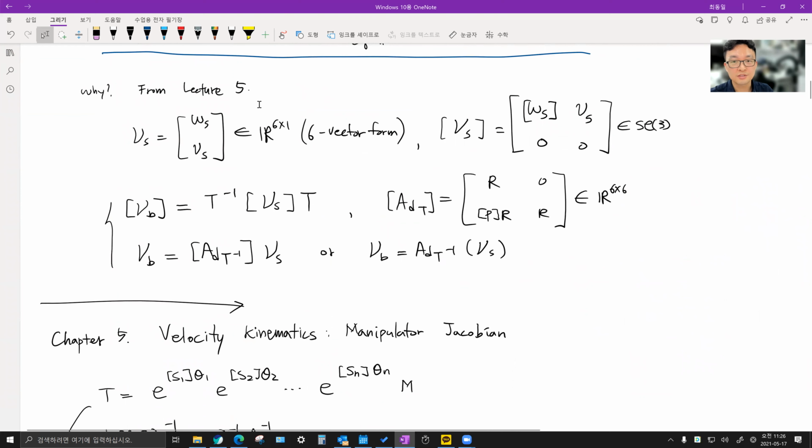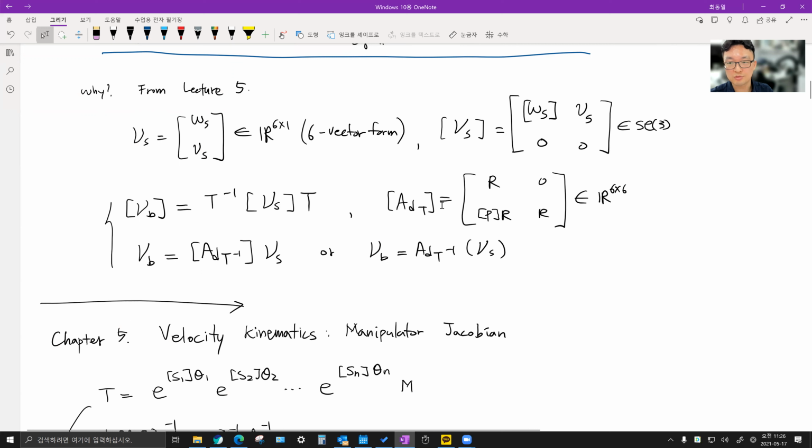From lecture 5, we learned about the space twist as a 6-vector form, and this space twist can be converted to a small se(3) matrix form. In this se(3) matrix form, if we multiply by T inverse and T, it converts the space screw to the body screw.